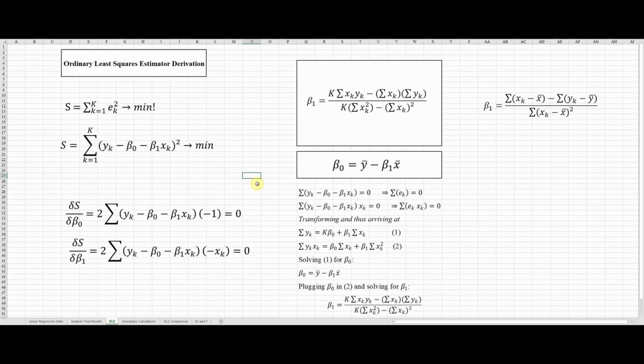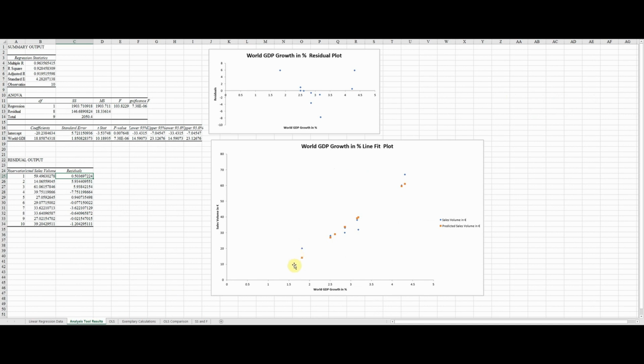So this is done by using ordinary least squares. The ordinary least squares estimator helps you in finding the regression line with the least error. Of course, you will always have some error in your model. As you can see here, this is the fitted line through the data, and you still have discrepancies between your predicted value depending on your regression equation and the actual value.